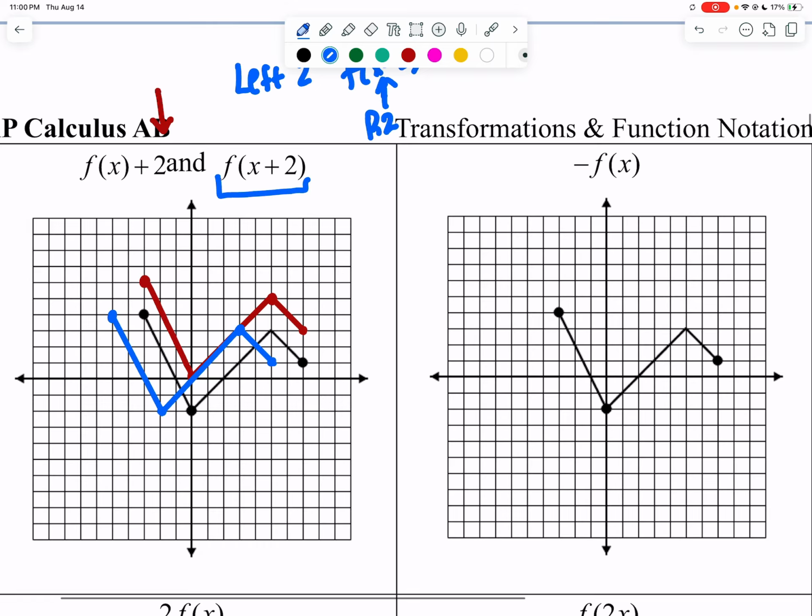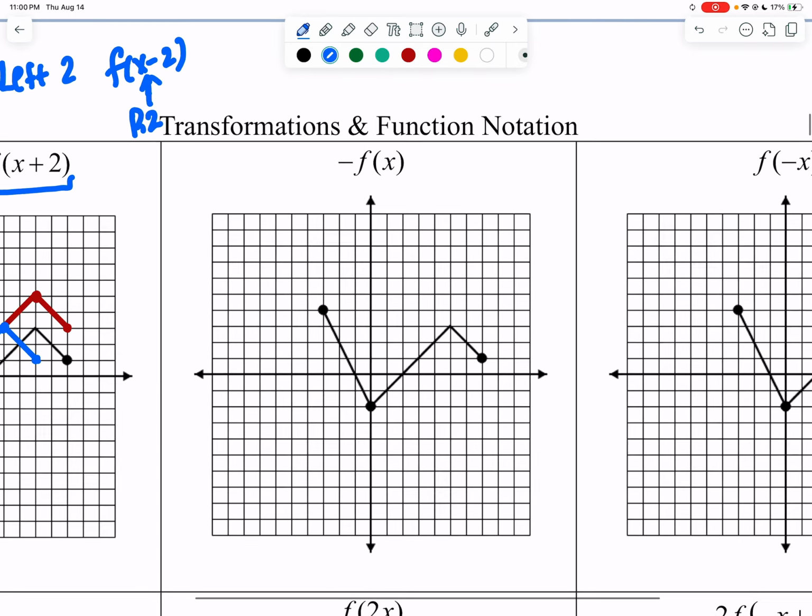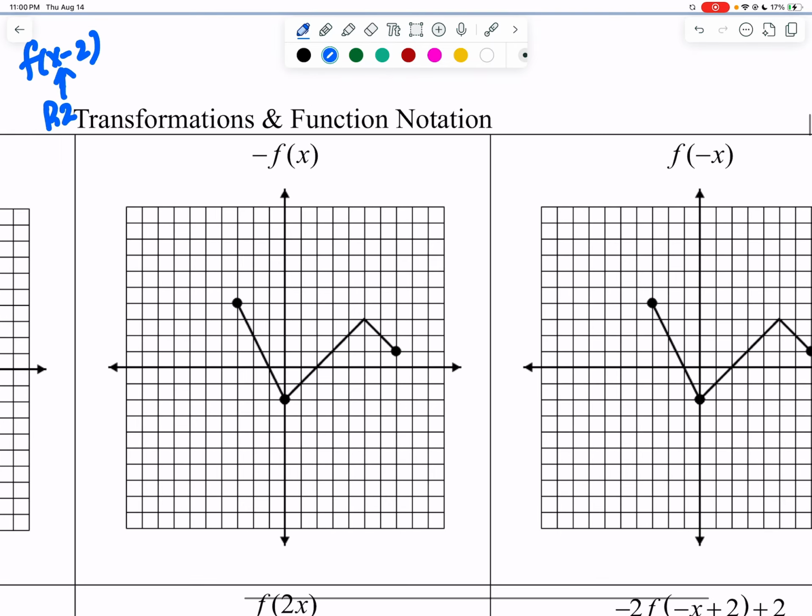All right, for the second graph right here, we have negative f of x. So remember back in our transformation days, back in Math 2, this is just going to be a reflection across the x-axis. And remember that a reflection across the x-axis means that your y value is going to be flipped.